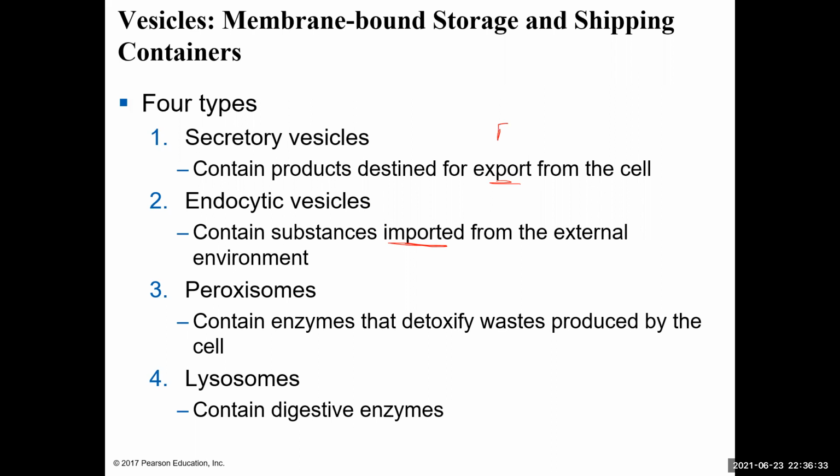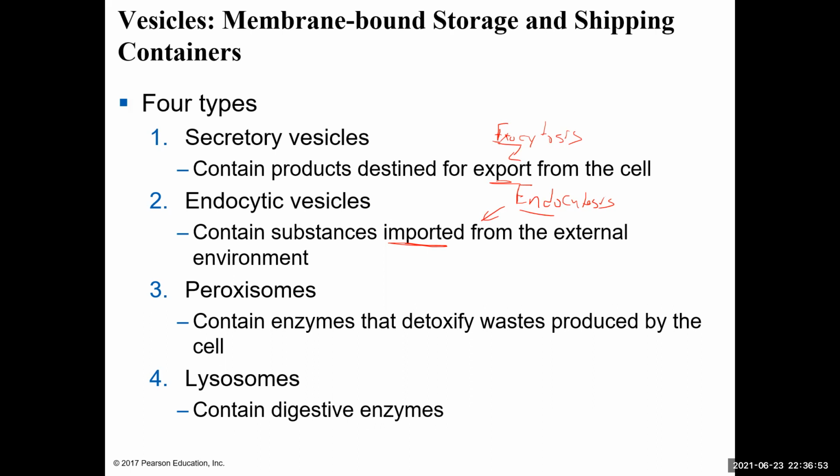So this is a form of exocytosis, and then this is endocytosis. I will show that in a little bit. But basically, out of the cell and then in the cell.